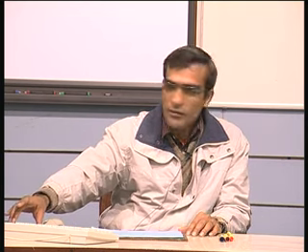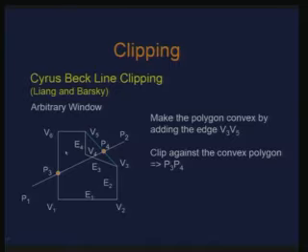So, maybe we can do some correction to that non-convexity and still apply the algorithm for convex and arrive at our solution. With respect to this particular polygon, let us say I make this polygon convex.